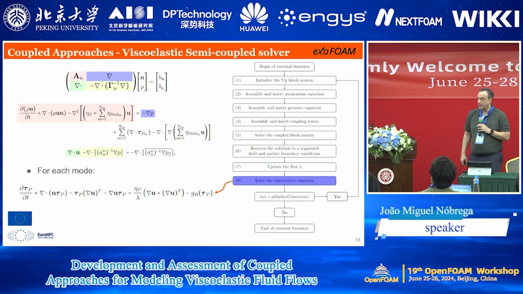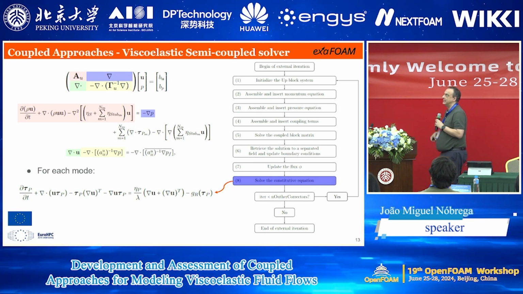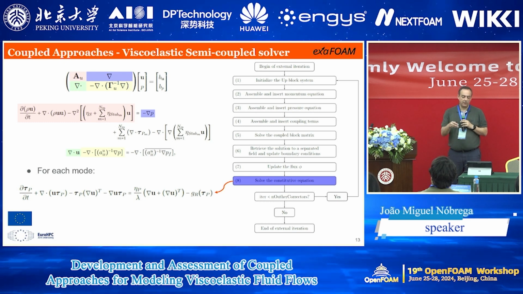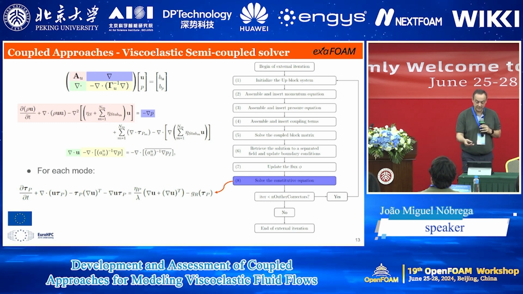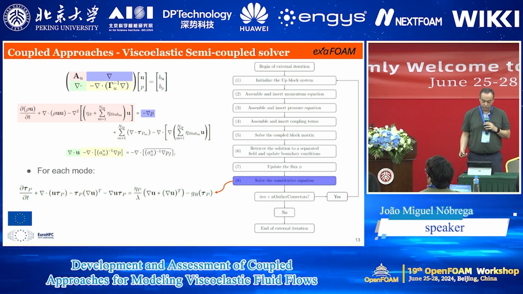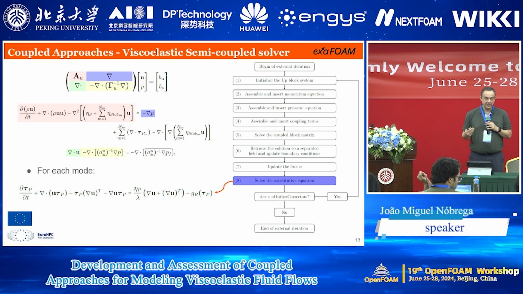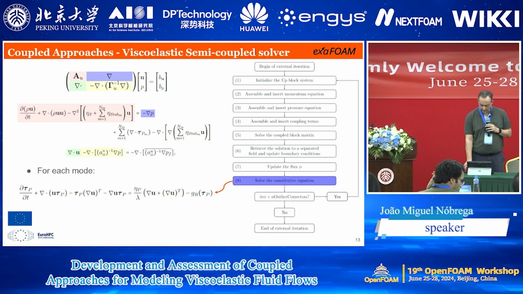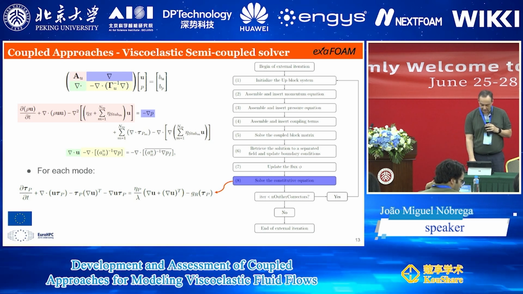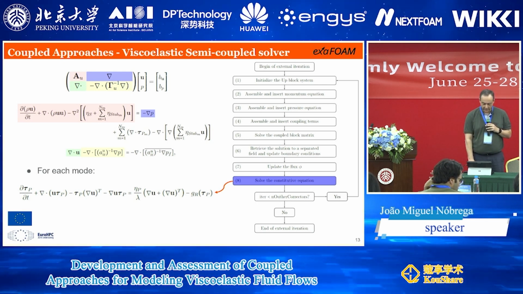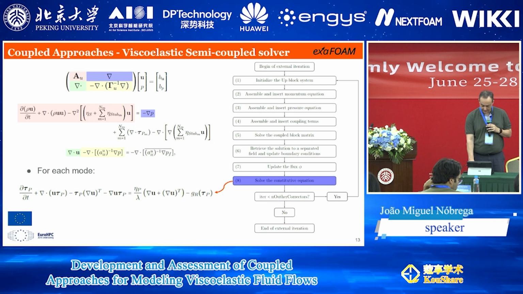And we did it because we wanted to test the possibility of getting advantages from this approach, because we anticipated some difficulties when dealing with the large number of variables for the fully coupled approach.